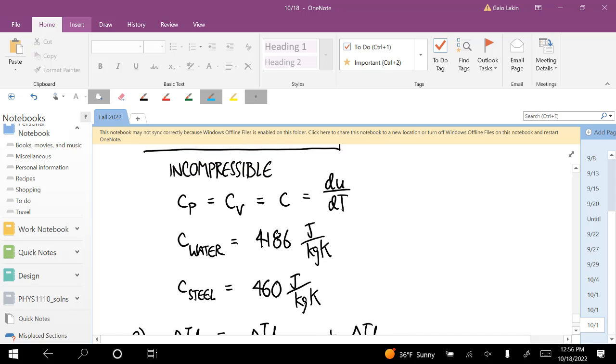And notice that from this definition of C, we can rearrange that and get du is equal to C dT. And if you integrate both sides of that equation, you get that the change in U is equal to C times the change in temperature.